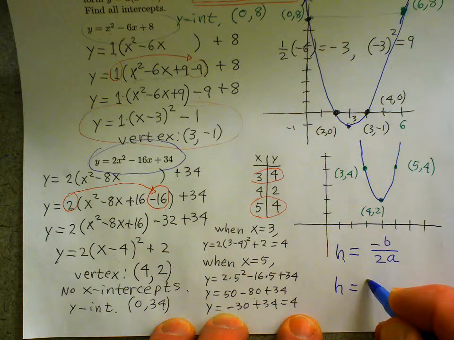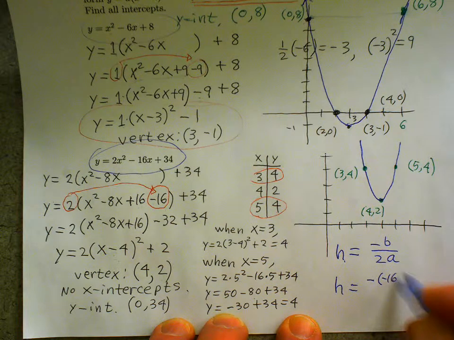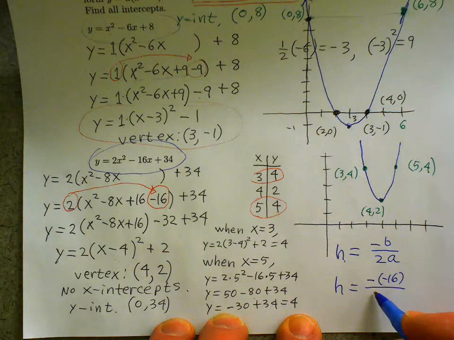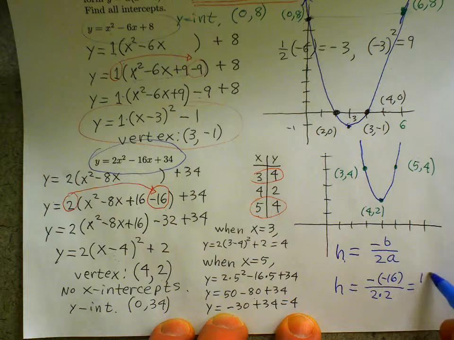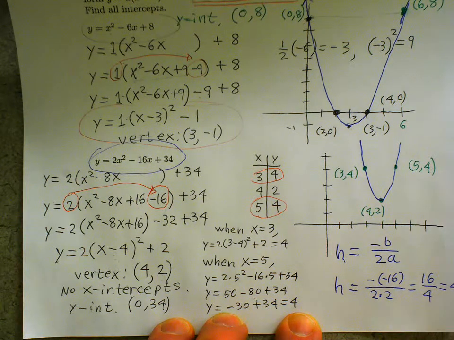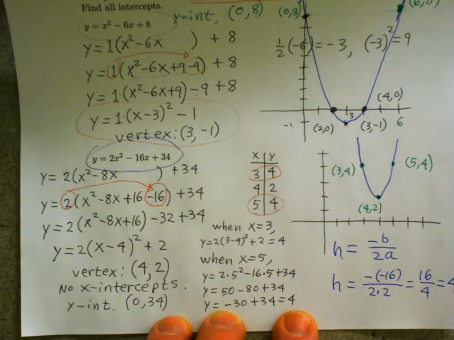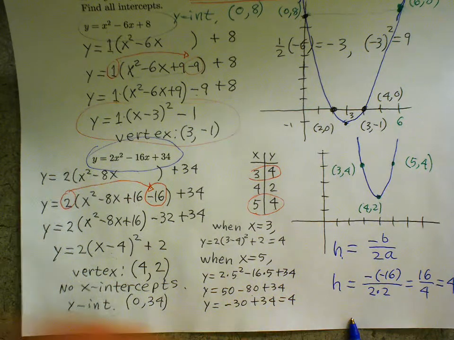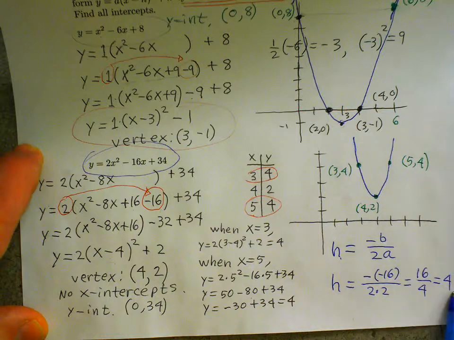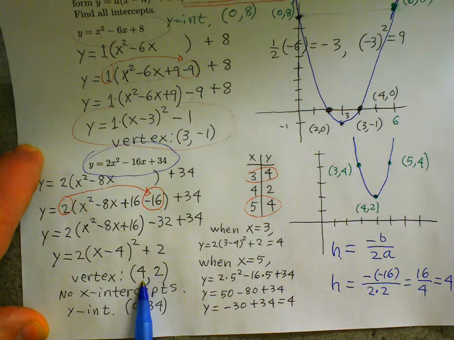So negative b is the negative of negative 16, and in the denominator, 2 times a is 2 times 2. So we get positive 16 divided by 4, which is 4. That's another way that you can verify, when you transform it into vertex form, that the x-coordinate should be 4 as opposed to negative 4.